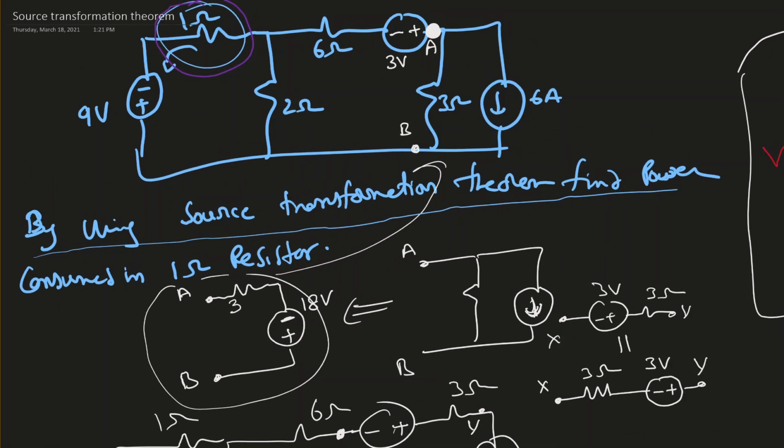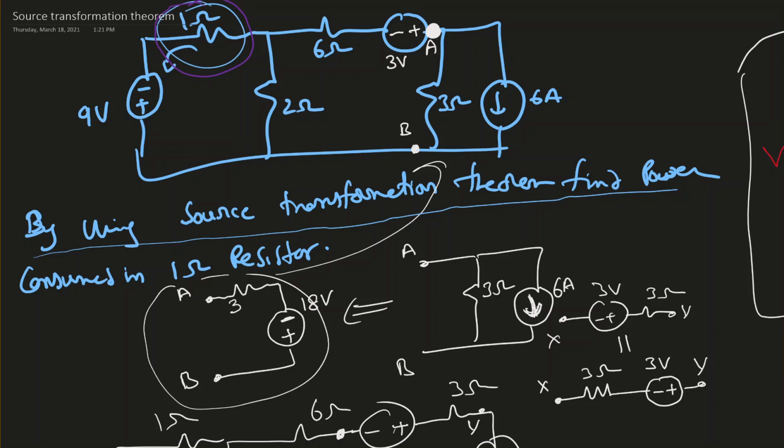Now we are using the source transformation theorem. As I mentioned, do not mess with this 1 ohm resistor, keep it as it is. I see a 6 ampere source in parallel with a resistor. So I'm going to take these two terminals A and B and separate those two elements. So here is 3 ohm and 6 ampere.